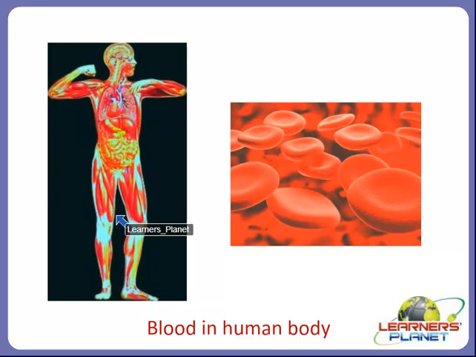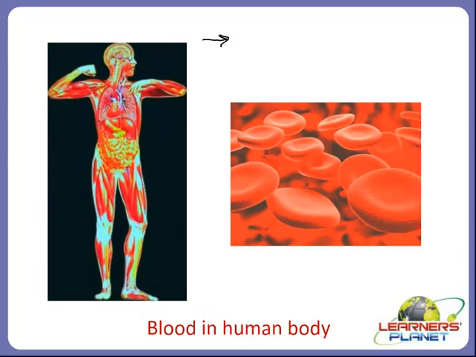You can see here the red color indicates the blood in the human body, and this is a more clear picture of blood cells in the human body. So water plays an important role in the human body. Blood, which transports substances within the human body, is largely composed of water.